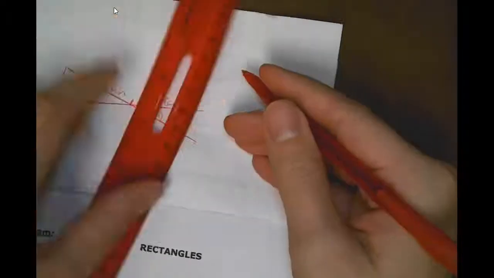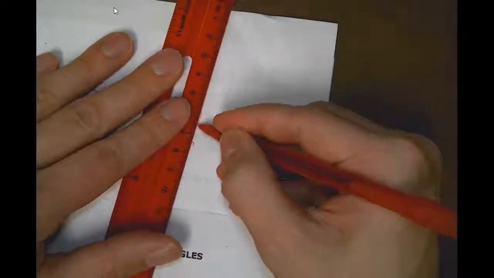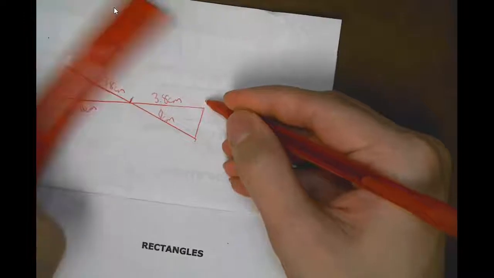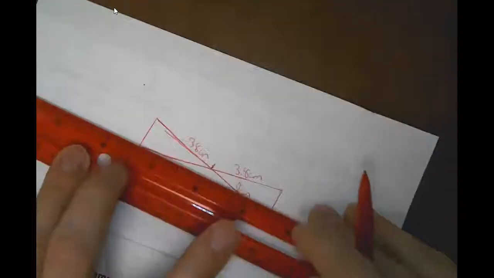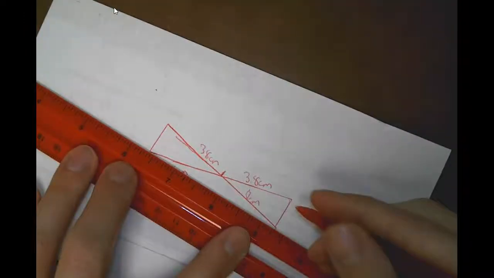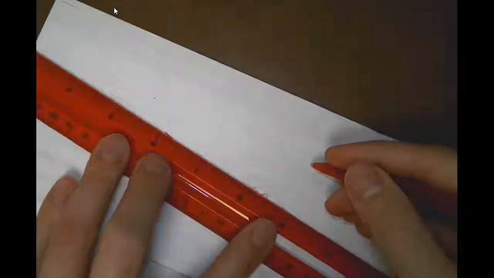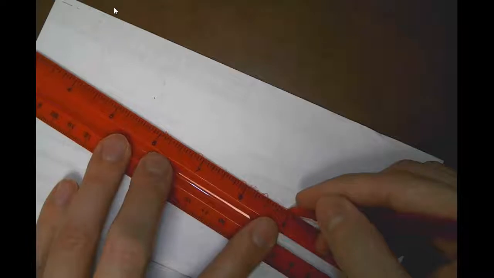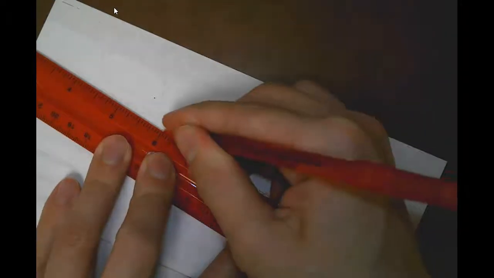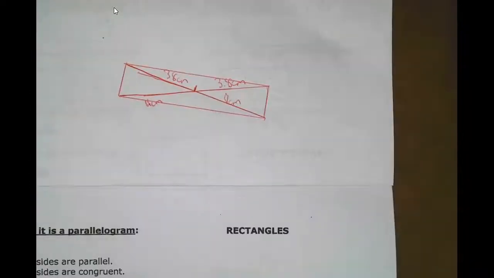Okay. We measured these. Now we're going to connect our ends to make our rectangle. Connect this, connect this, and connect this. There's our rectangle.